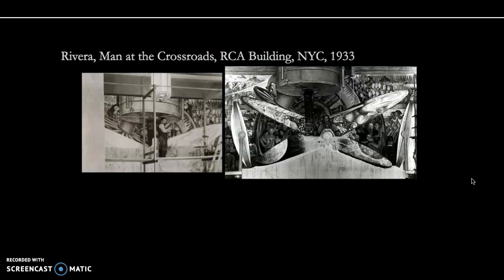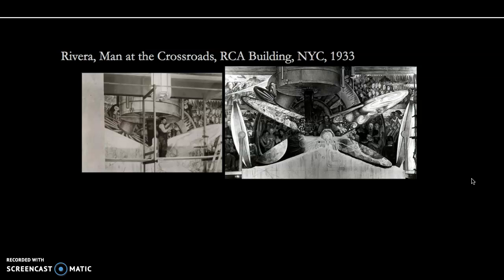He then does a series of large-scale murals in Mexico, establishes himself, and then gets a commission from one of the biggest capitalist families, the Rockefellers, to create a mural for them at the Radio City of America building.